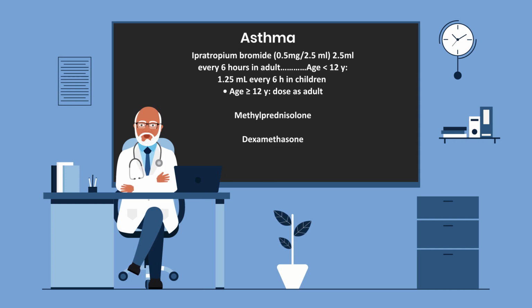Ipratropium bromide can be given at a dose of 0.5 milligrams per 2.5 ml, and you can give 2.5 ml every 6 hours in adults. Children who are less than 12 can be given 1.2 milligrams every 6 hours, and children who are older than 12 may receive the adult dose. You may also give methylprednisolone and dexamethasone.